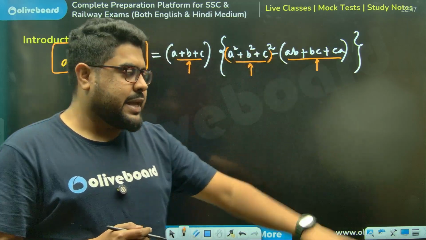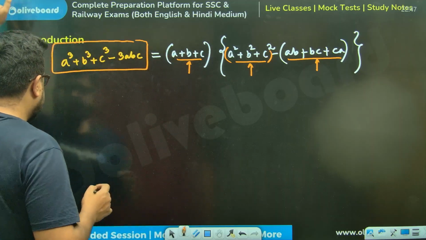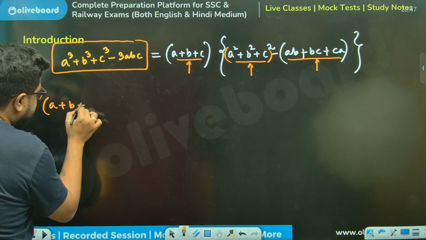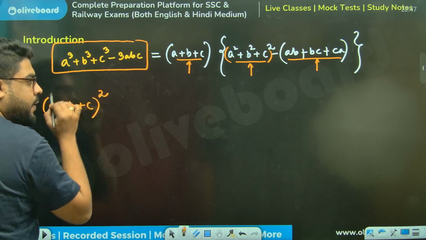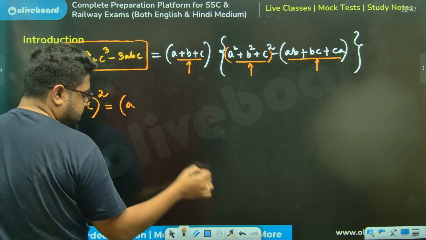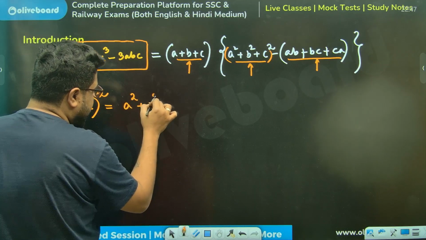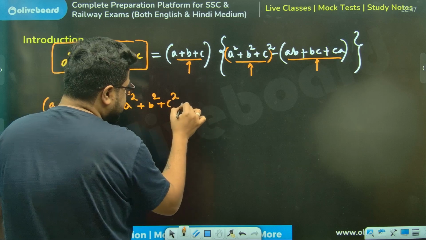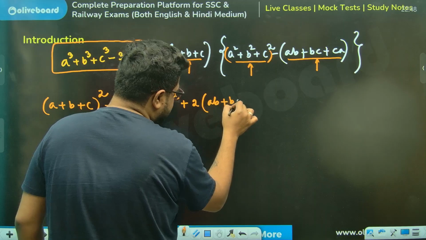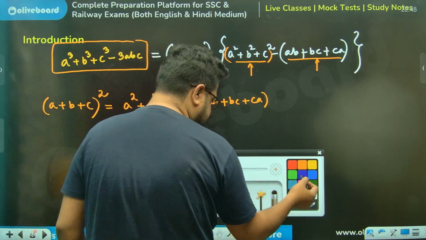Now, please understand, there is another formula in terms of square. The square formula is saying a plus b plus c whole square is equal to a square plus b square plus c square plus twice of ab plus bc plus ca. Now, please understand, sir.